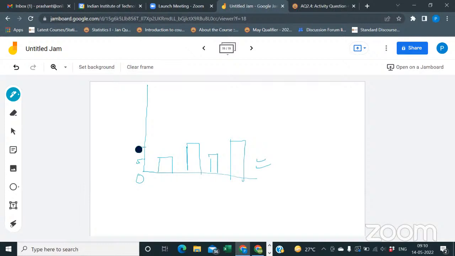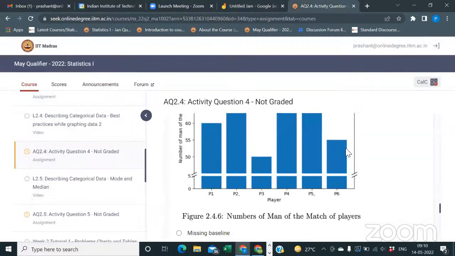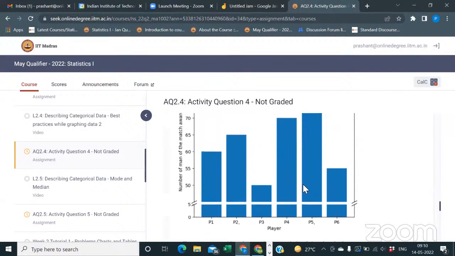Excuse me, sir. Sorry to interrupt, but what is the question? Due to the network issue, I'm not able to hear. The question is asking whether it is a misleading graph or not. Activity 2.4, question number 5, and he has asked what is the manipulated y-axis.